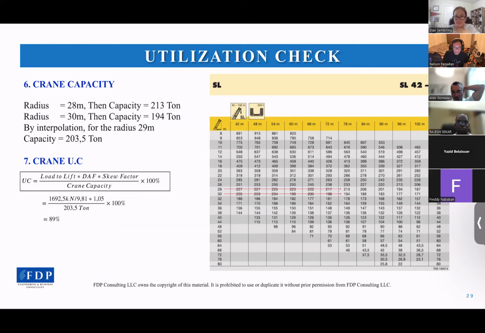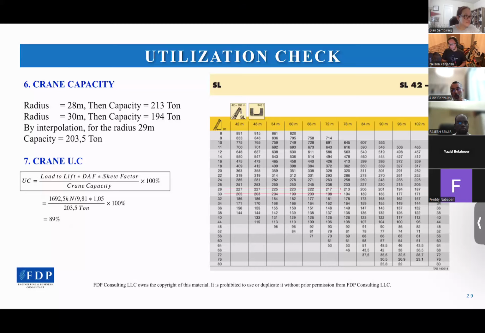Yes, I have. First of all, sorry, Freddy. Go ahead, Freddy. Sir, I just want to ask about the interpolation. As far as I know, we don't use interpolation in making a lifting plan, because when the radius is not in the load chart, we use the smallest one. Like this, we have 28 meters with 230 ton, and radius 30 meter we have 194 ton.